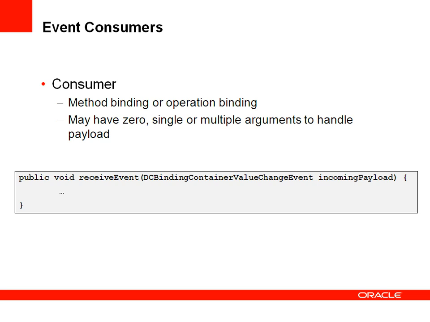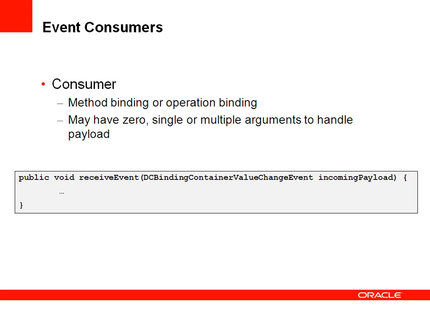Or it could be a POJO that you write and then expose as a POJO data control to the ADF binding. Once you have a method binding defined on the page definition file of the view that is supposed to listen for a produced event, then you can wire that up and dispatch the event to this view and to this method.